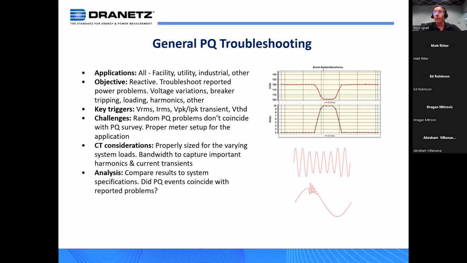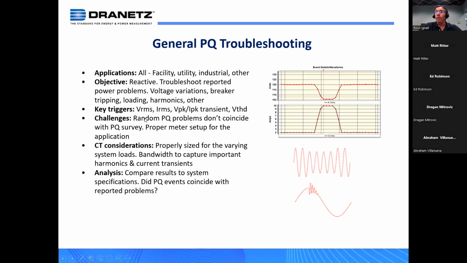And again, triggering on RMS current is very challenging due to the fact your loads are varying all over the place, and you've got to get those limits right. It can certainly work fine, but you get many triggers a lot of times if you're not set up properly. And you can have other triggers on peak transients. You're looking for transient issues, switching, contactor issues, lightning, things like that. And also THD would be important if you're looking for harmonic compliance.